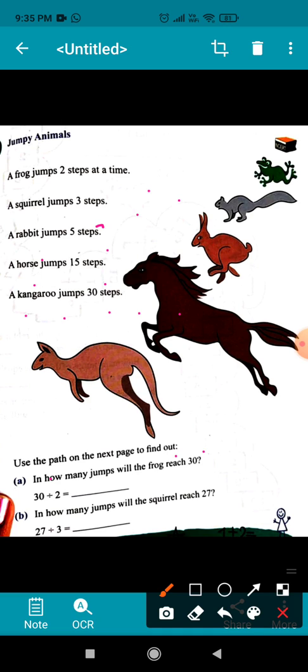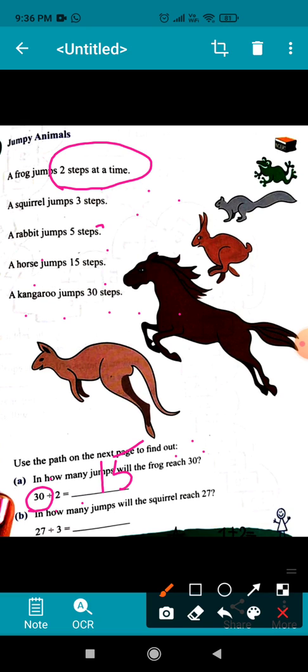Children, at a time, the frog jumps 2 steps. So, in how many jumps will he reach number 30? What will you do? You will divide 30 by 2. So, you will get 15. Okay. So, the frog takes 15 jumps to reach the number 30.